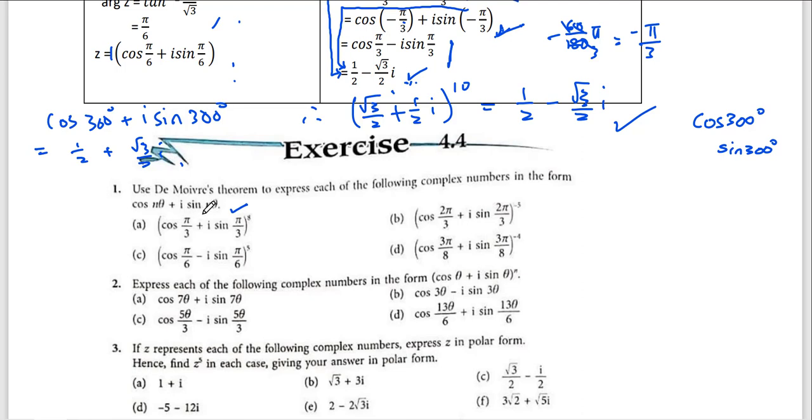So no need to change to Cartesian form, because you copy this, equals to, raised to the power 8. So you just times the 8 in front, nothing else, right? You just times cos 8 pi over 3 plus i sin 8 pi over 3. Okay, this is polar form, right?